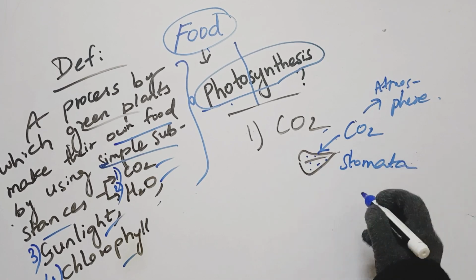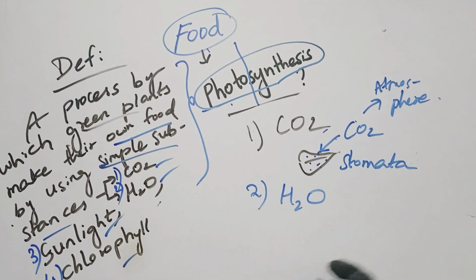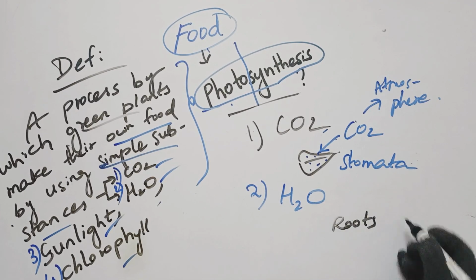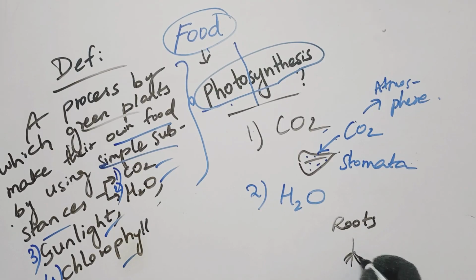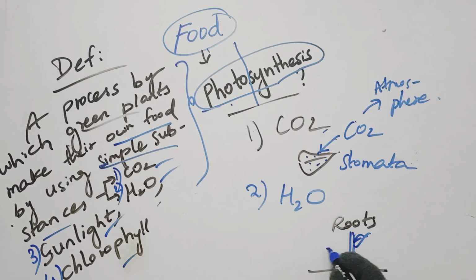And what about the H2O? The roots are going to absorb it. Where do they absorb it from? Roots absorb from the soil, right? Assume this is a plant, so here we have underground roots.